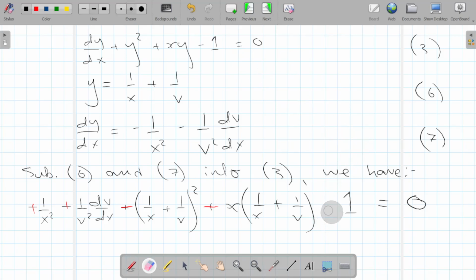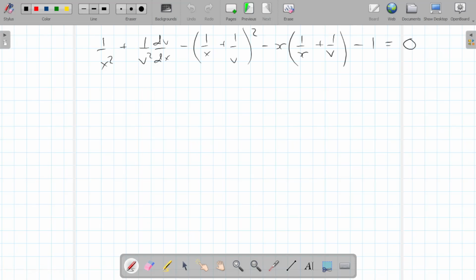That should be a minus 1, and that should be a plus. That should be a plus 1, shouldn't it? Yes. Okay, let's see how we go with it anyway.